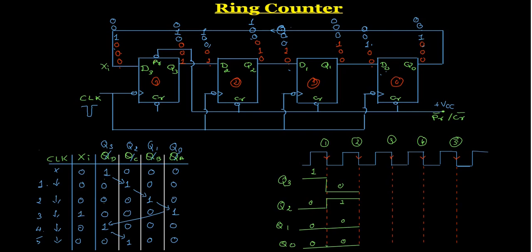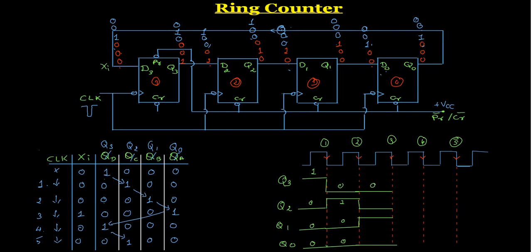Then at the third negative edge, Q3 is 0, Q2 is 0, Q1 is also 0 and Q0 is 1. So here if we draw this, then this is 0, but the Q1 is high and Q0 is 0.